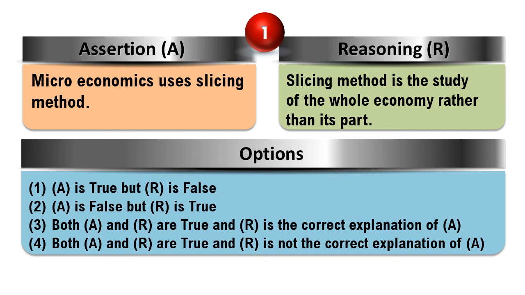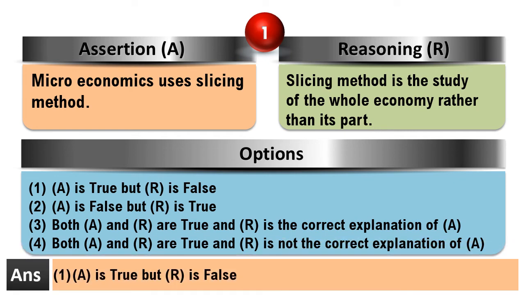A is true but R is false. 2. A is false but R is true. 3. Both A and R are true, and R is the correct explanation of A. 4. Both A and R are true, and R is not the correct explanation of A. And the correct option is 1.